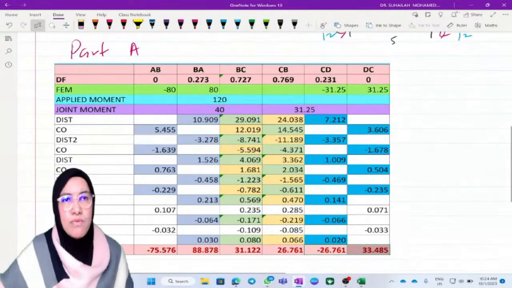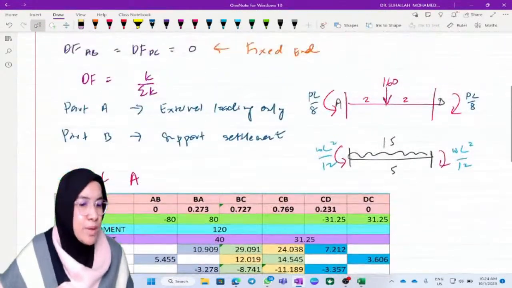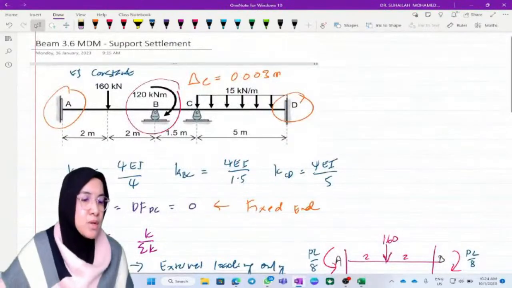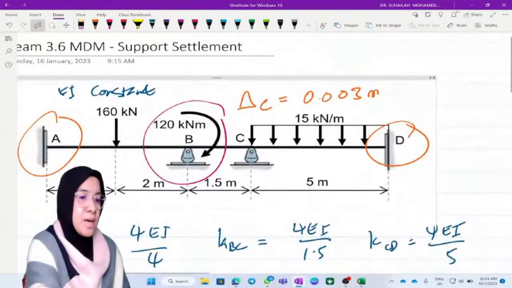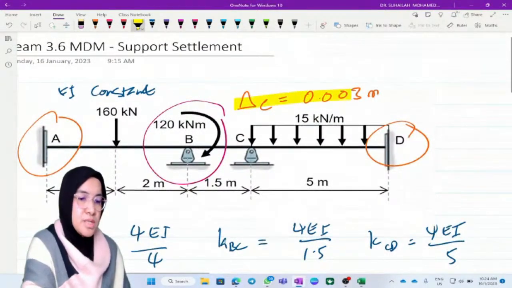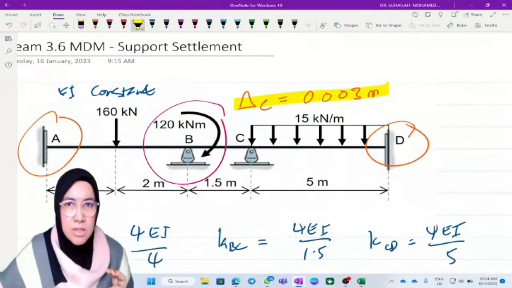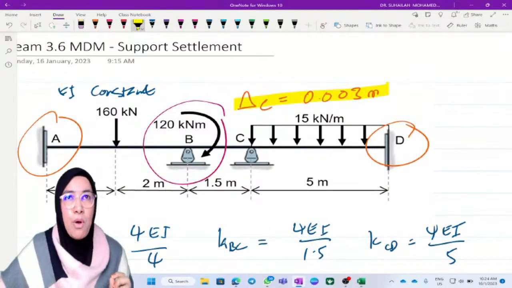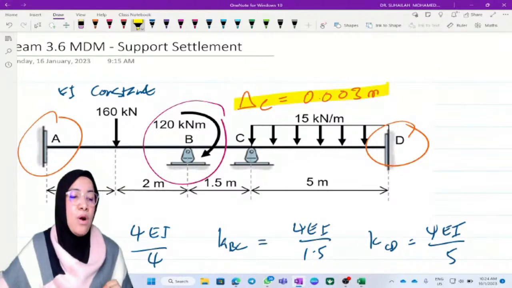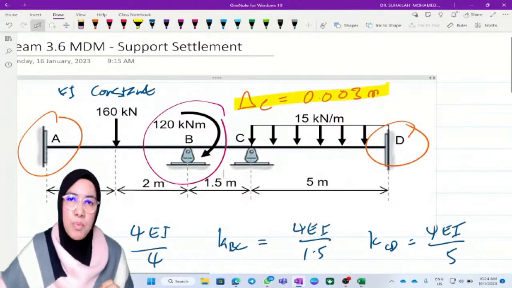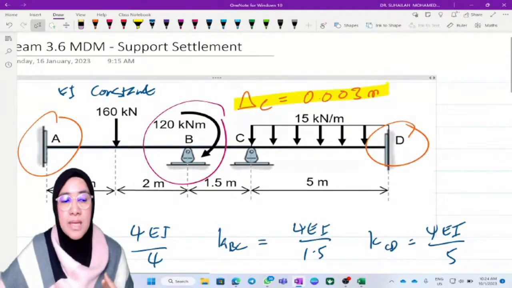Okay, now we want to move to part B, where we have support settlement, as I have chosen here. It occurs at point C, of magnitude 0.003 or 3 mm. So let's see how we analyze the support settlement.